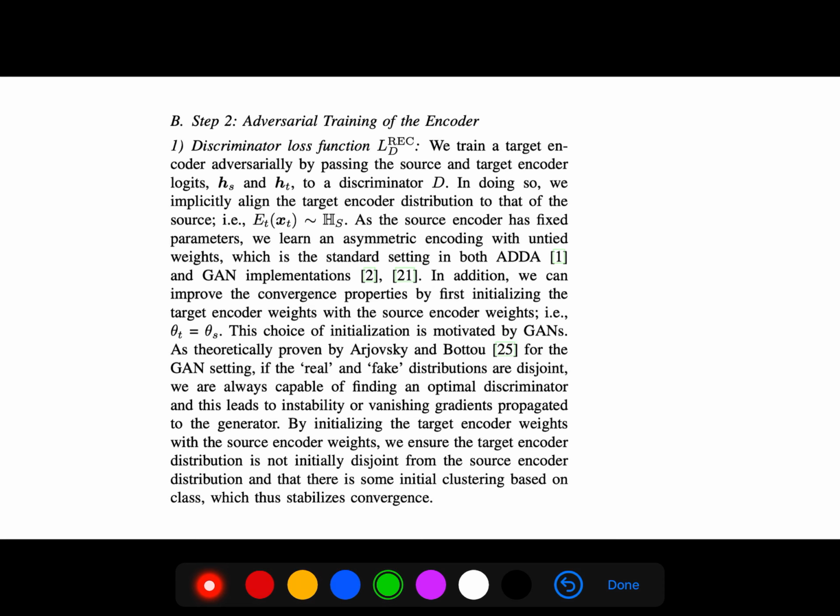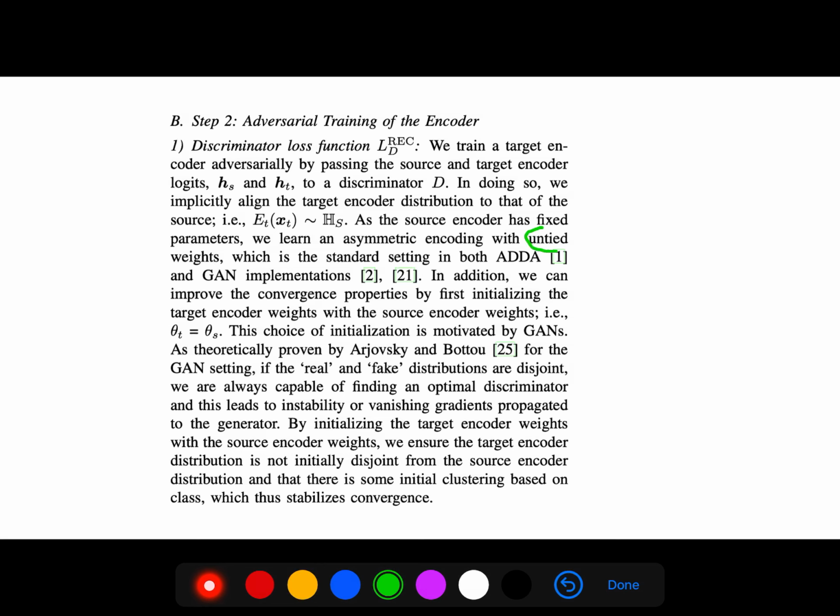We train the target encoder adversarially by passing the source and target encoder logits to a discriminator. In doing so, we implicitly align the target encoder distribution to that of the source. As the source encoder has fixed parameters, we learn an asymmetric encoding with untied weights.